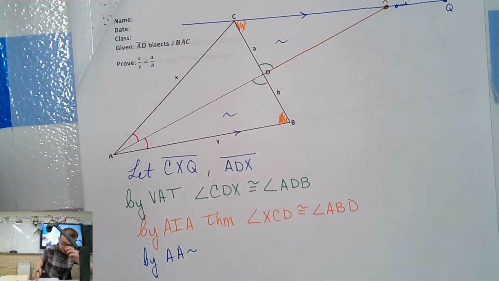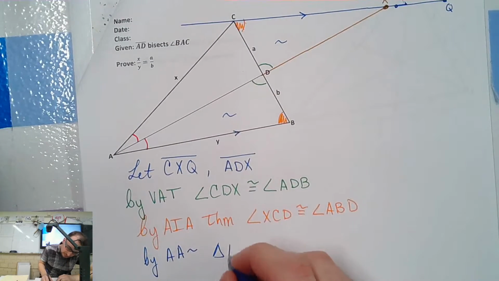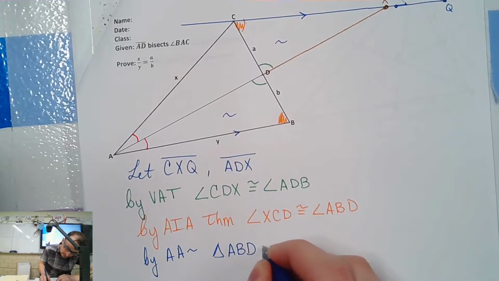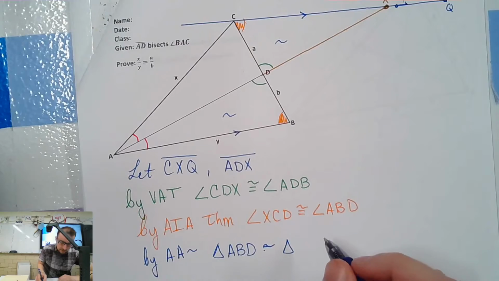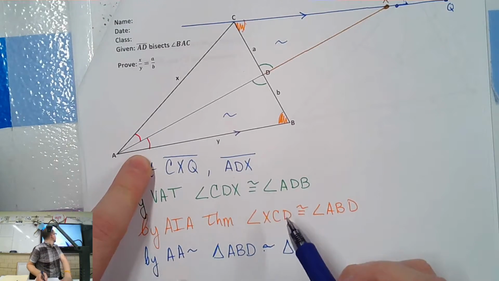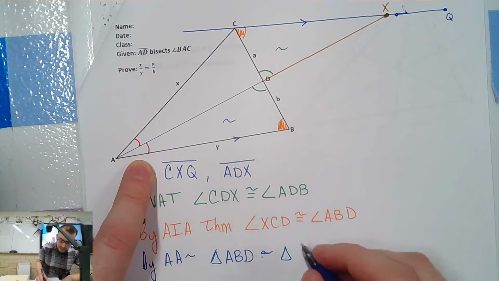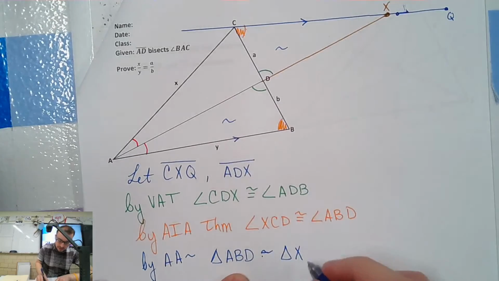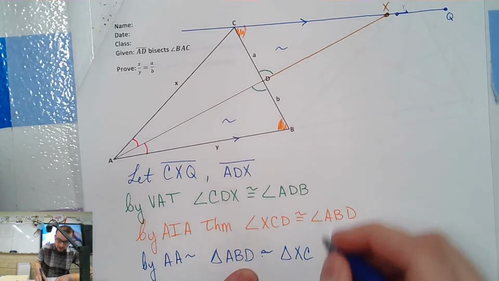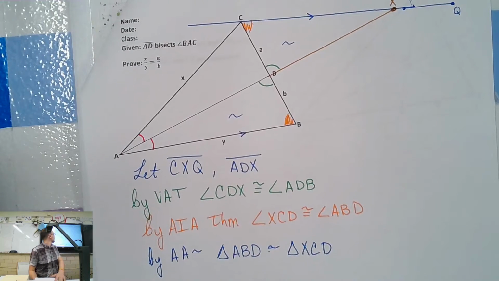By angle, angle similarity, we know that triangle ABD is similar to triangle. Well, A is a red angle, which means this angle must be red, right? We'll prove that by CSP later, so that's X. B is orange, so it's going to go with C. And then D is vertical, so it's going to go with itself.